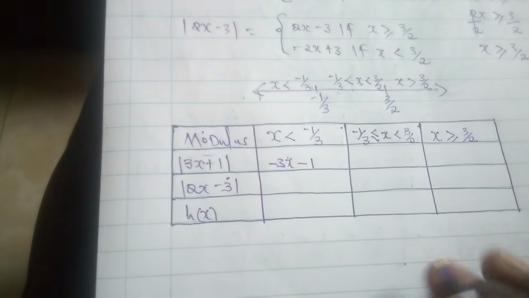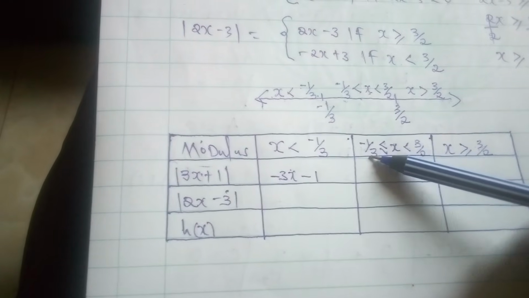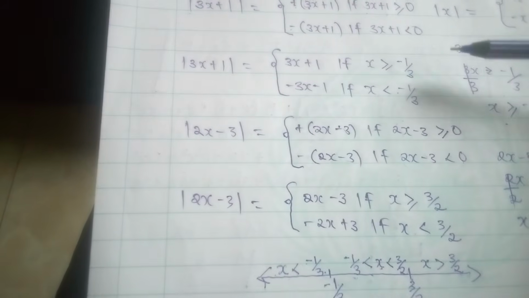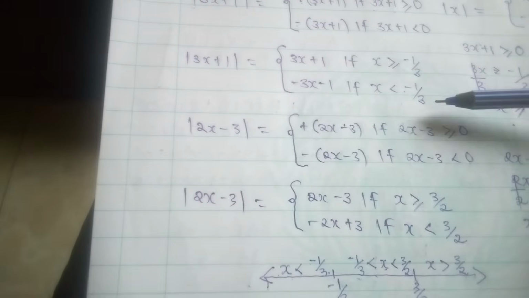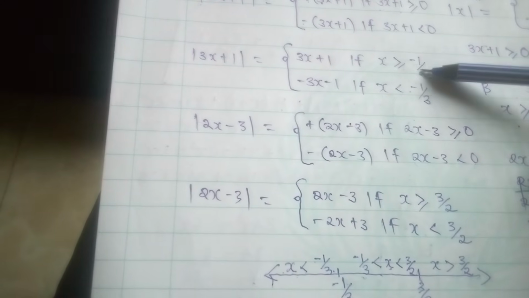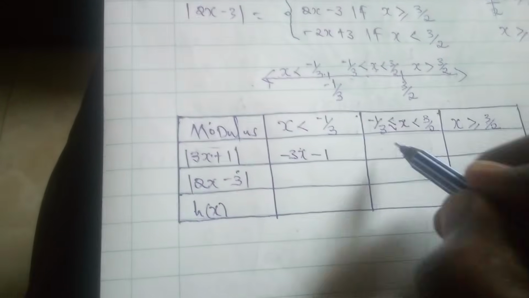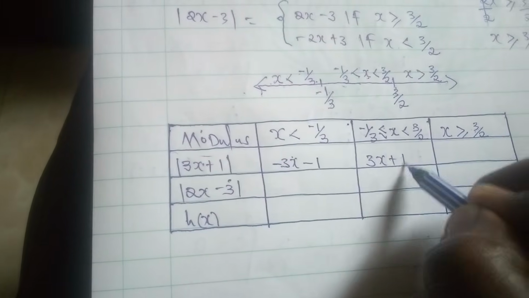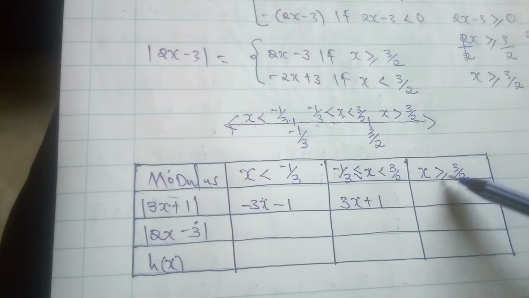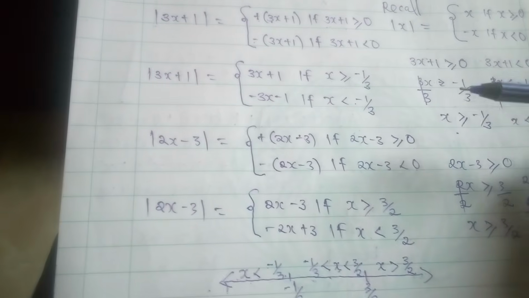And then you say x greater than or equal to -1/3, and you ask yourself, from the one that you have calculated or redefined, which equation has x greater than -1/3. It is this one, so you write 3x plus 1. And then from there you compare x greater than 3/2.